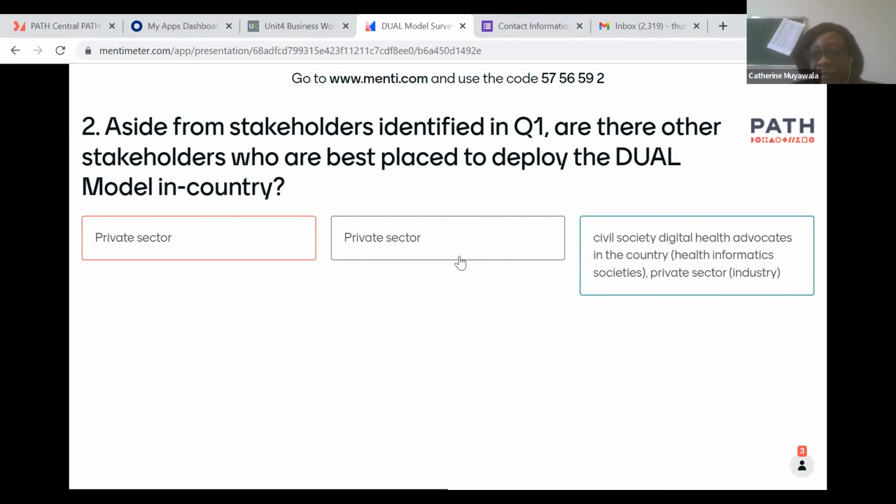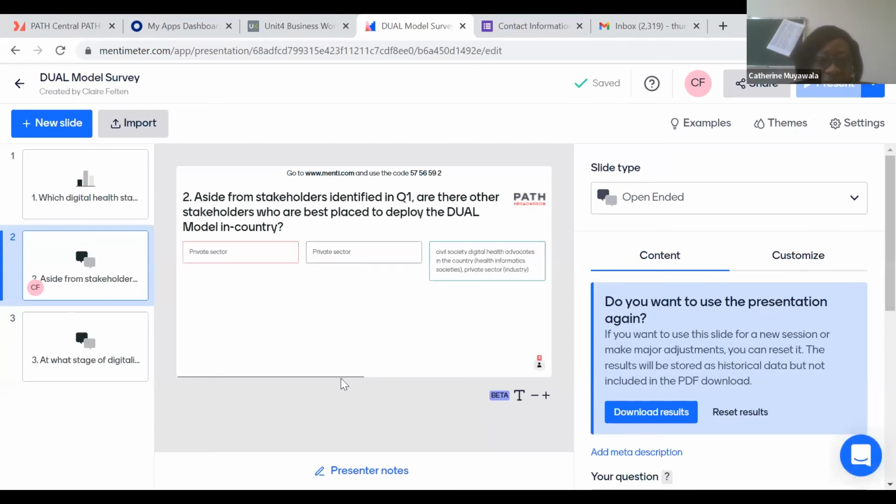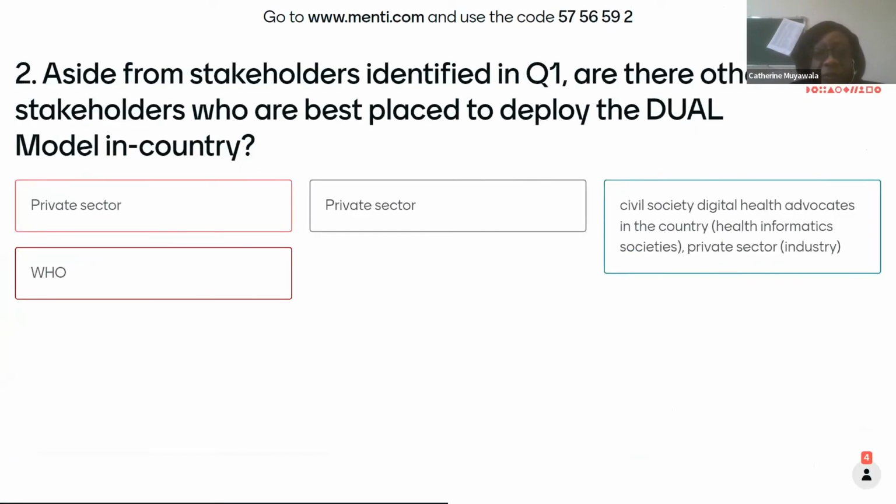There we go, civil society and digital health in country. Excellent. WHO, excellent. So these are the other stakeholders that we should include, and these are like the global multilaterals that we could work with.